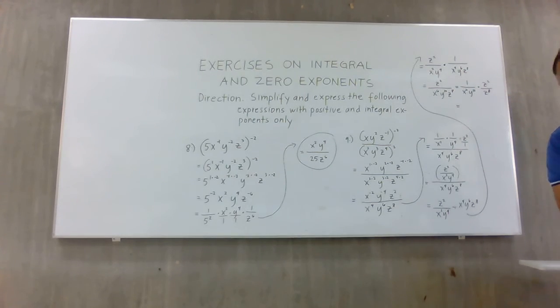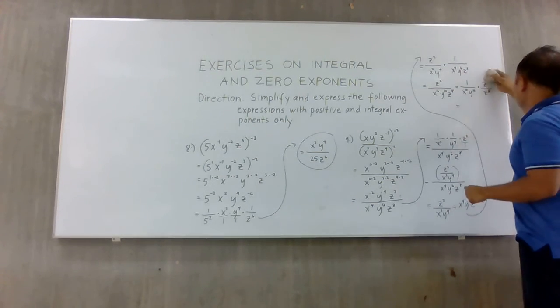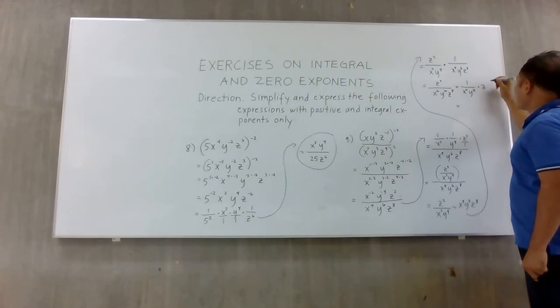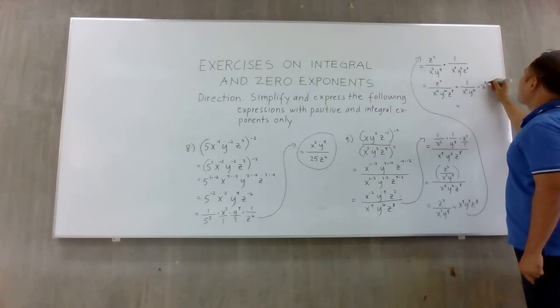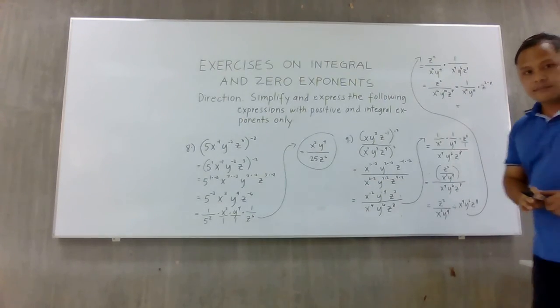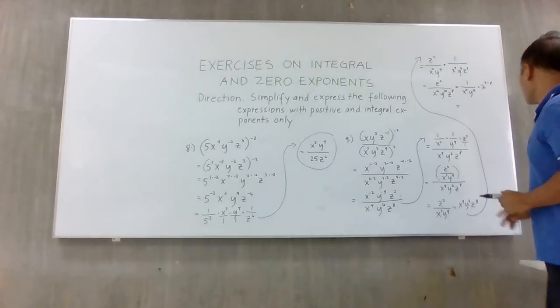So z squared over z to the power of 8 can be written as z to the power of 2 minus 8. 2 minus 8, that is negative 6.